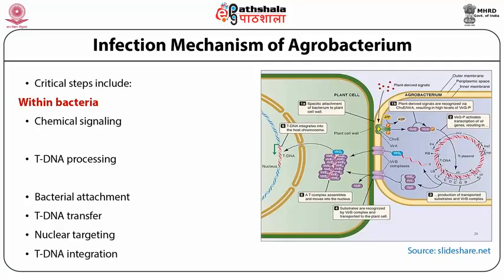Vir-D is a nuclear endonuclease, which makes single-stranded cuts at the flanking regions, the right and left borders. A single strand of DNA is released from that portion of the tDNA segment. As soon as that is released, Vir-D2 is still bound to this tDNA at the 5' end by a phosphate bond.